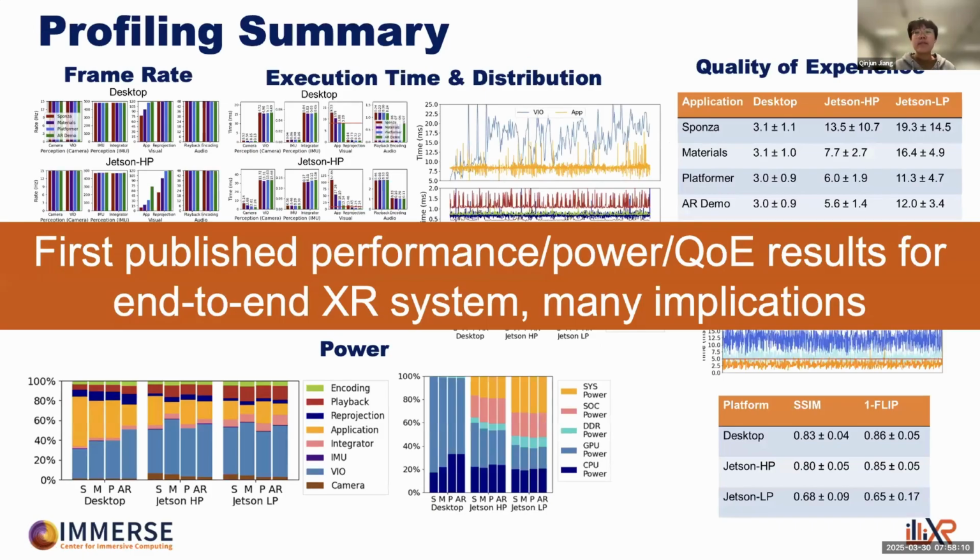In fact, with Elixir, we have published the first of its kind results on performance, power, and the quality of experience of the end-to-end XR system, and many implications can be learned from those results. So if you are interested, please check out our papers.